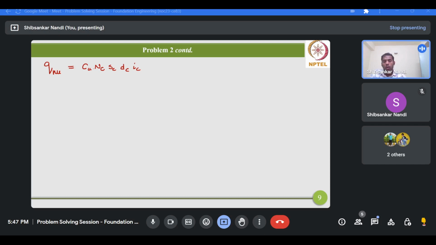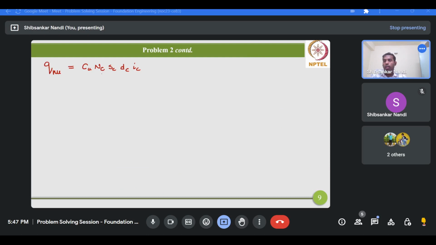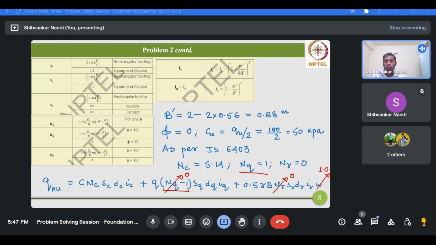cu you have calculated as 50 kPa, so we have to just calculate the other values for Sc, Dc and Ic, and Nc you know it's 5.14 for phi equals 0 degree as per IS 6403. So we'll calculate the Sc, Dc and Ic values from the chart given in the IS 6403 code.